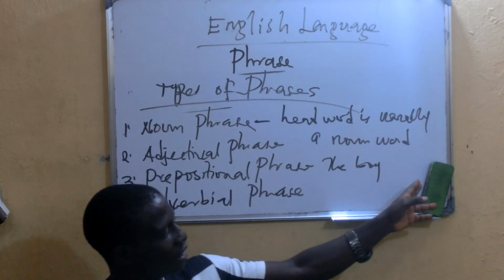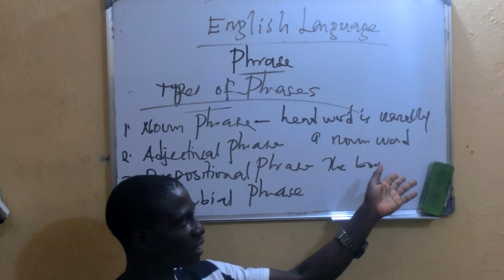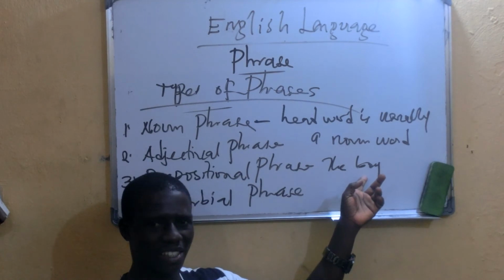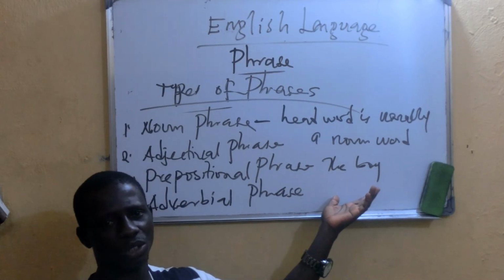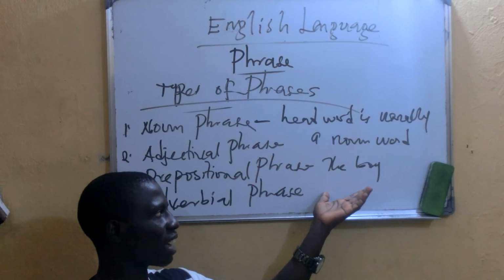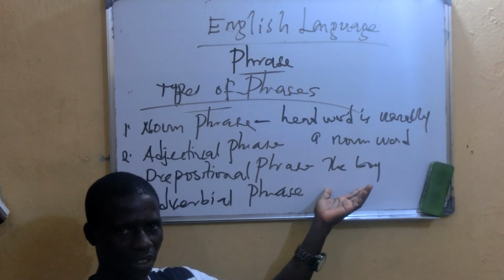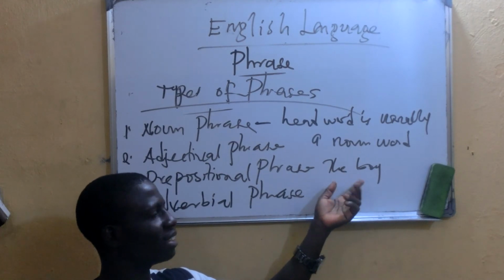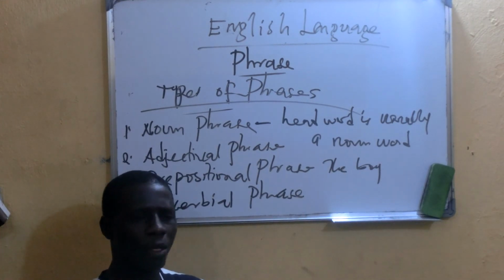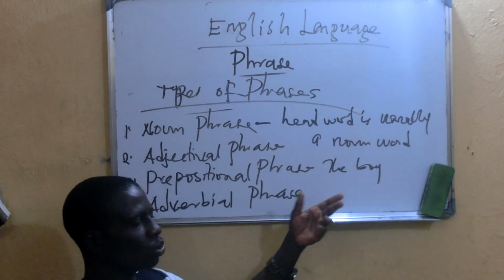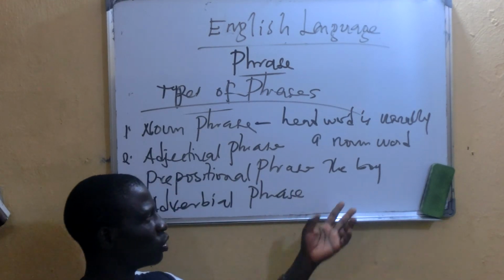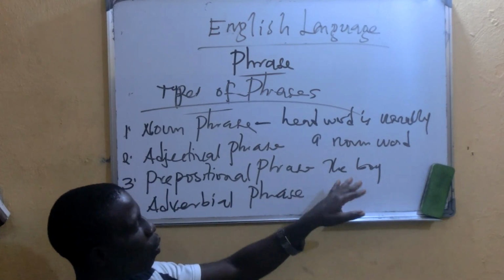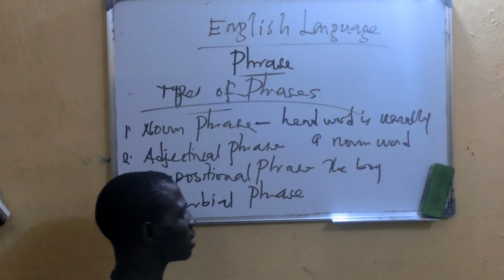Without other units or words that support these two words, the article 'the' and 'boy' as a noun, this expression is meaningless because there's no meaning that can be attached to this group of words. And as a matter of fact, we cannot analyze 'the boy' in terms of grammar or syntax because there's no predicate or verb and there's no object to it. So the head word, the major word that defines these two, is boy.